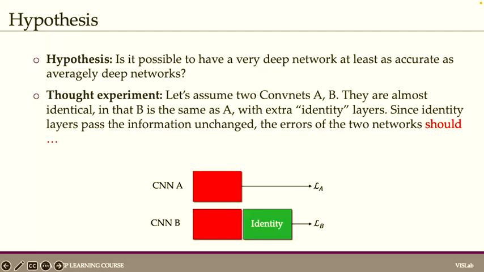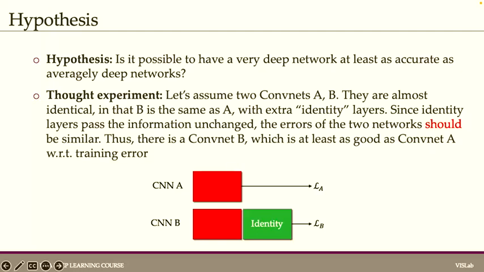In fact, if you let it be a fully connected layer, it could always learn an identity if it doesn't want to be any deeper. So technically, if you initialize it like that, it should always be better. There's no way it should get worse. Whatever ConvNet A can learn, ConvNet B can learn, basically.